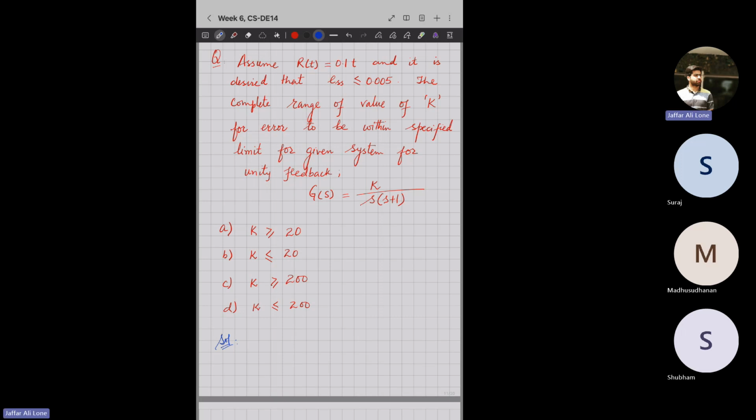We're given r(t) is 0.1 into t. You have to identify what is given: is it ramp input, unit step, or anything?